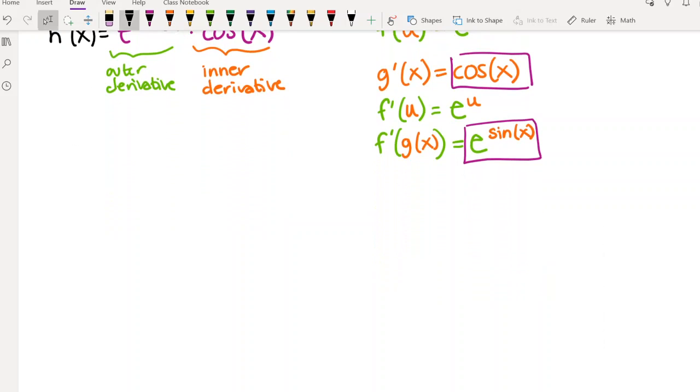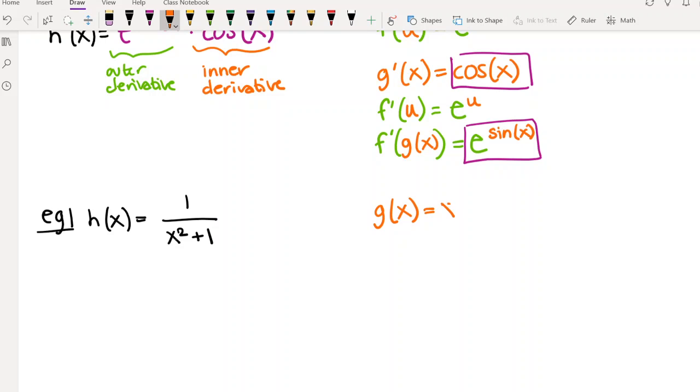All right, I think we'll do two more. So let's do h of x is equal to 1 over x squared plus 1. What we figured out for this one on the other page was that the inner function is x squared plus 1, and the outer function is 1 over u.